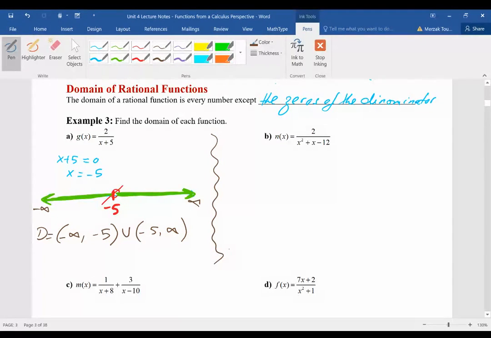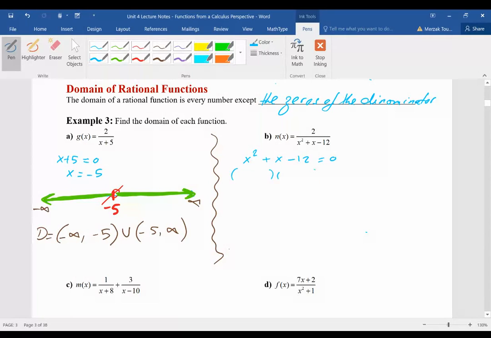So work on example B. We've got the same idea here. We want to make sure that the denominator does not equal 0 for any value in the domain. So let's find those x values that make the denominator equal 0. So x squared plus x minus 12 equals 0.